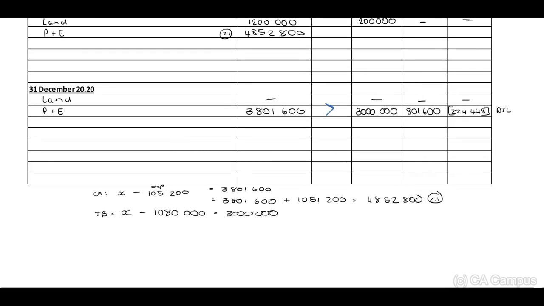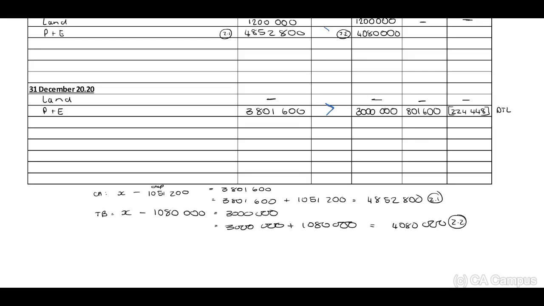Therefore, this will be the 3 million plus 1,080,000, and this is an amount of 4,080,000. Calculation 2.2 at the top, and this is 4,080,000. Right? Again, guys, this is an asset.